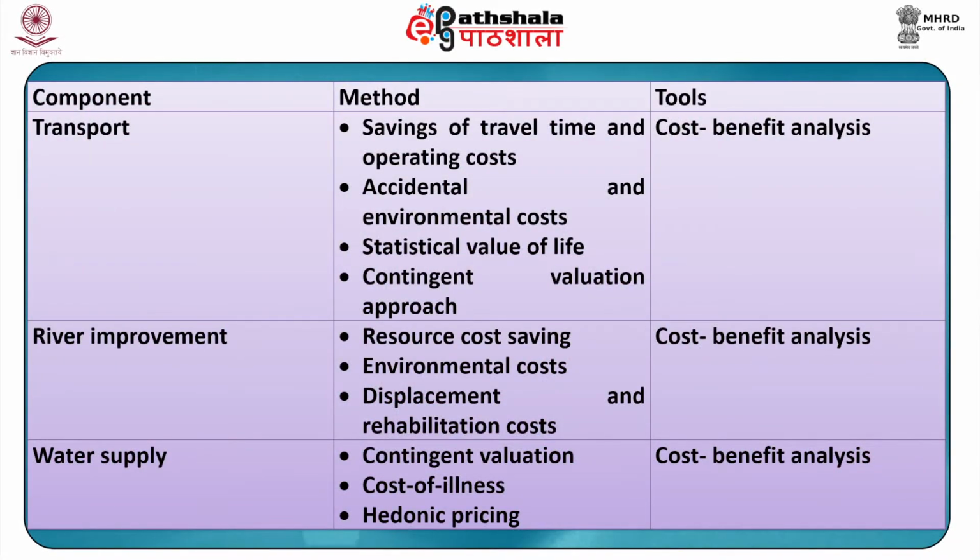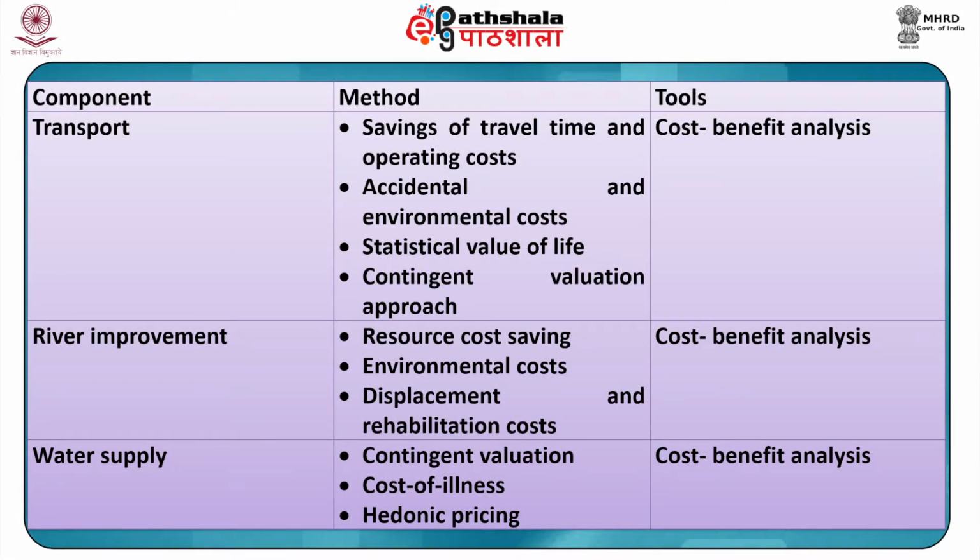Table 2, urban service improvement, estimation of economic benefits. Again, we have 3 columns: component, method and tools. And respectively, we'll talk about transport. In methods: savings of travel time and operating costs, accidental and environmental cost, statistical value of life, contingent valuation approach, and under tools, cost benefit analysis.